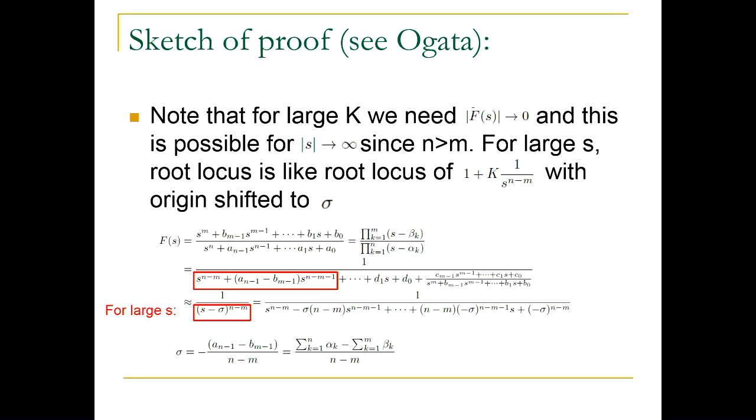Here I have s to the power m minus 1, and here s to the power m, so when s is large, all of this will go to 0. I'm left with this polynomial, and because s is very large, only the first two terms will dominate the overall behavior. The other terms will be negligible because I'm taking powers of s, and s is large. So I'm just going to concentrate on the two highest order terms.